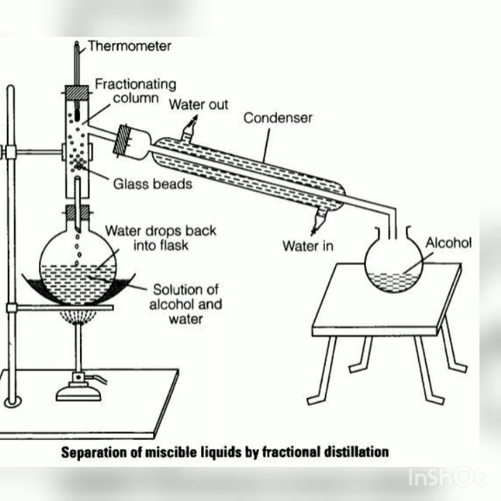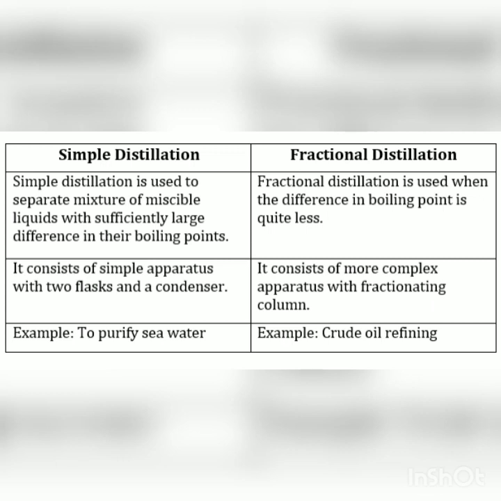Next, we discussed the difference between simple distillation and fractional distillation. Simple distillation is used to separate miscible liquids which have a very large difference in their boiling points. On the other hand, fractional distillation is used when the difference in the boiling points of two miscible liquids is very small, that is, less than 25 Kelvin.